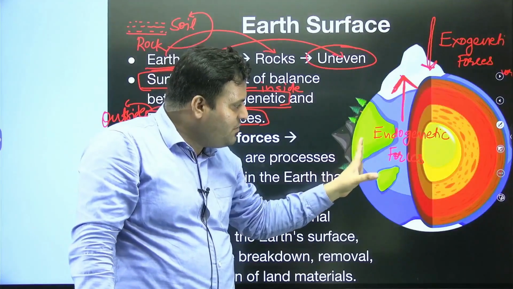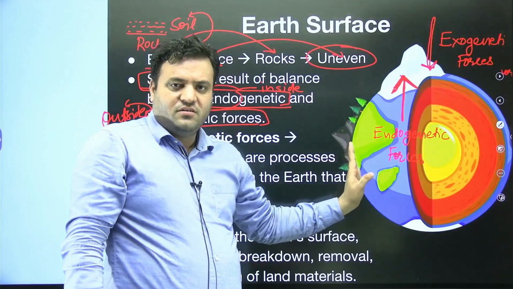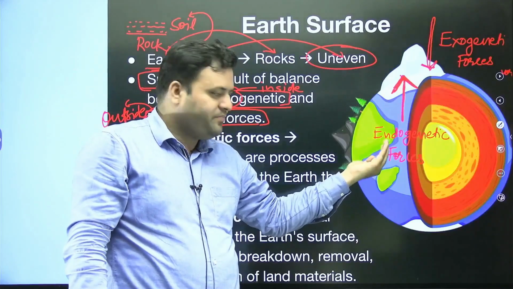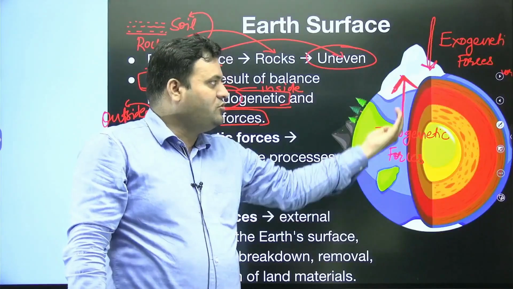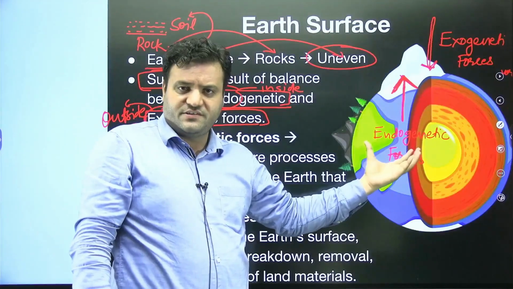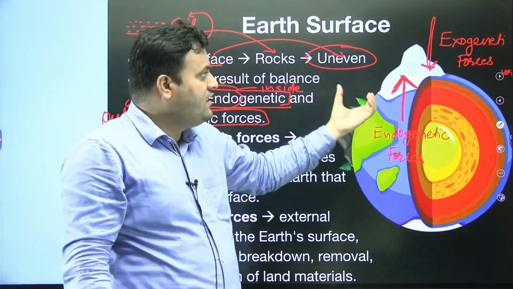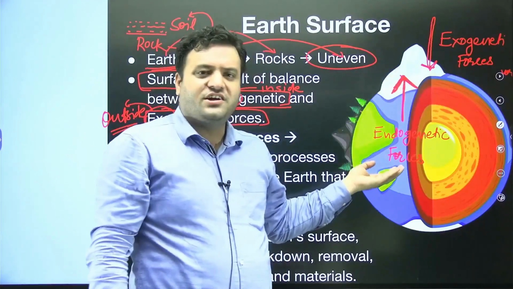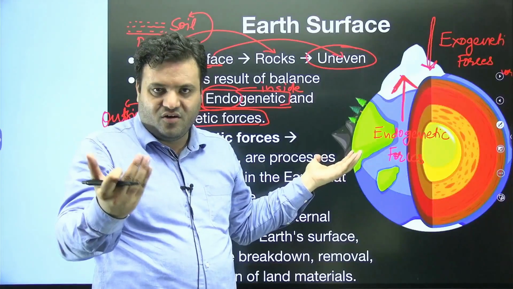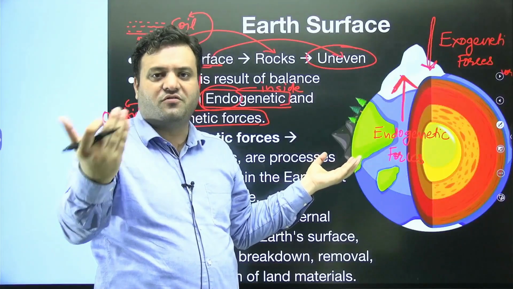When we are talking about endogenetic forces, these are the forces which are actually being applied from the interior towards the surface. There are certain agents of this we're going to discuss, and these endogenetic forces are responsible for the creation of crust, or let's say creation of surface.